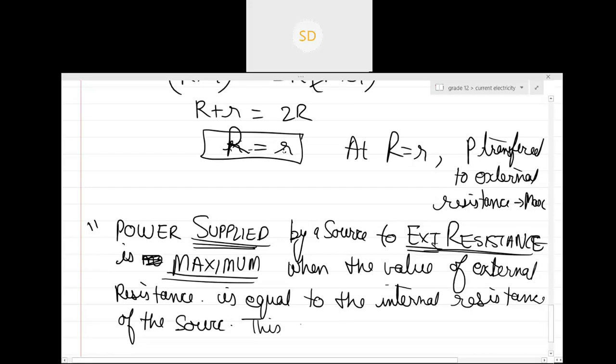This is called maximum power transfer. Any doubt in maximum power transfer theorem, guys?